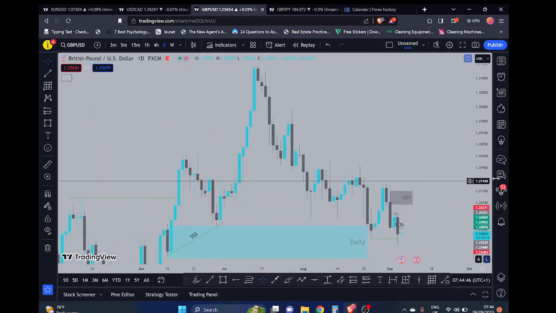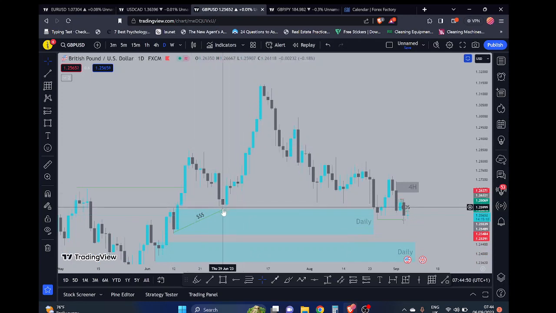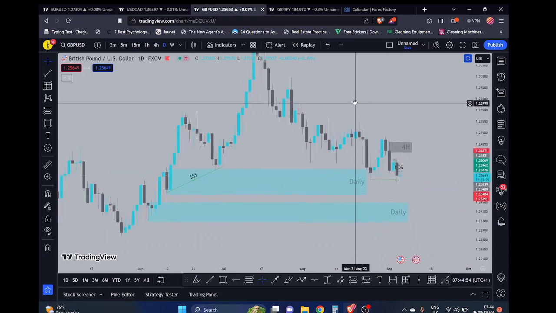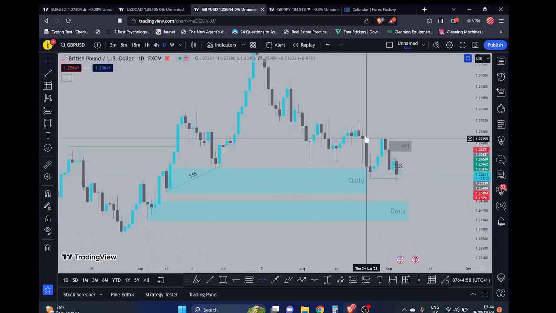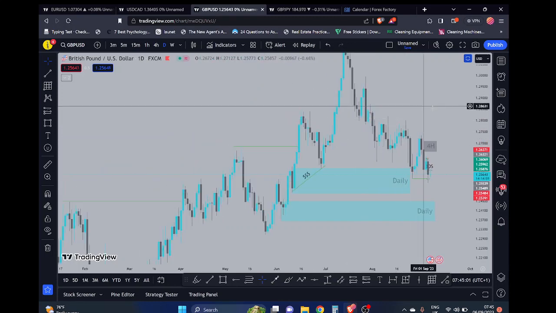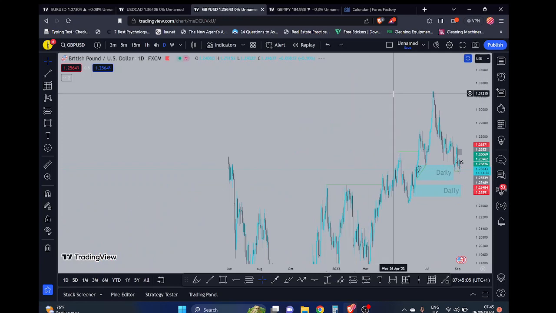Well, it's an internal break of structure. But since we've closed below, perhaps we've actually changed structure. We've already switched bearish. But this is not tapping into a major.